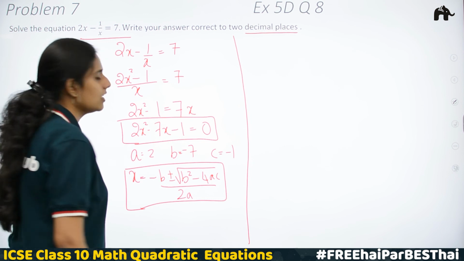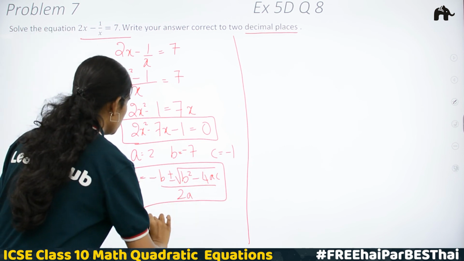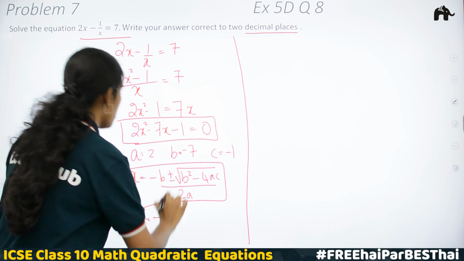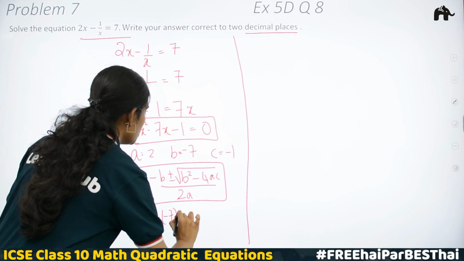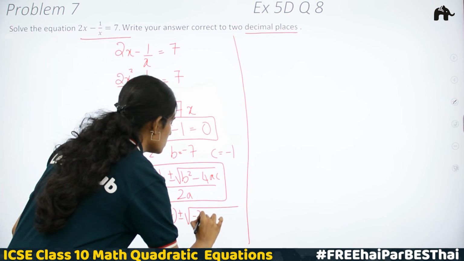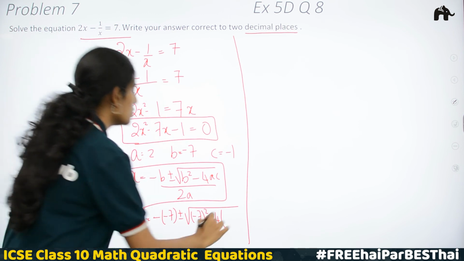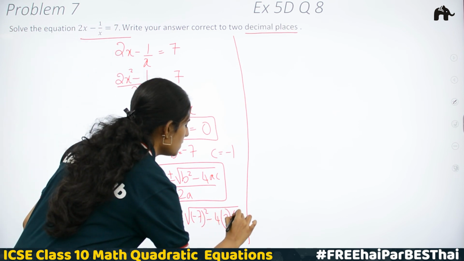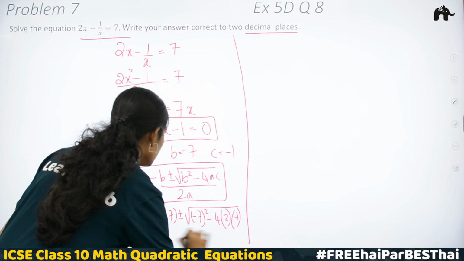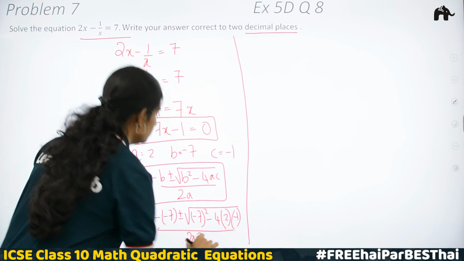Just substitute values of a, b and c here. We get x is equal to minus of minus 7 plus or minus root of minus 7 square minus 4 into a is 2, c is minus 1, divided by 2 into 2.